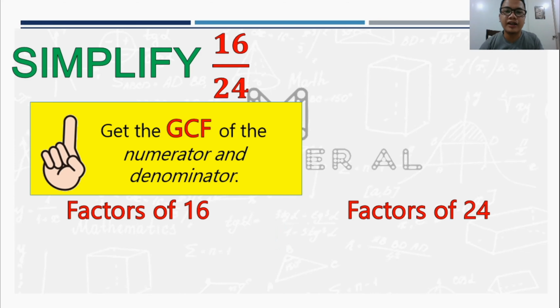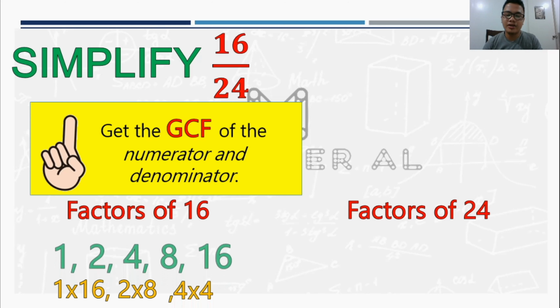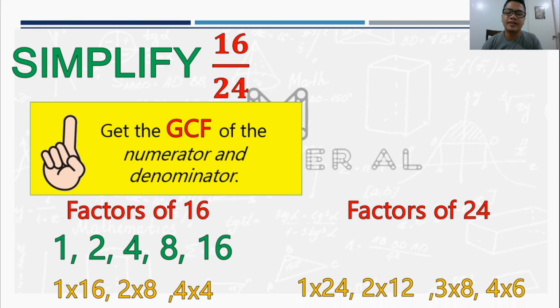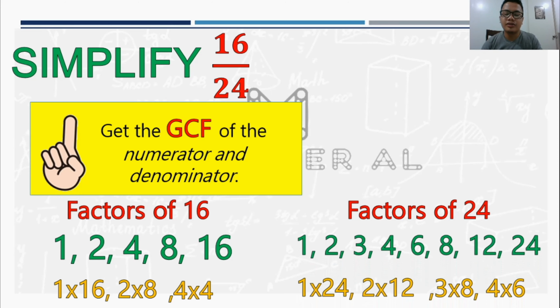So therefore, the factors of 16 are 1 times 16, 2 times 8, 4 times 4. Then there we have it. Next, for factors of 24, we have 1 times 24, 2 times 12, 3 times 8, 4 times 6. Therefore, the factors are 1, 2, 3, 4, 6, 8, 12, and 24.